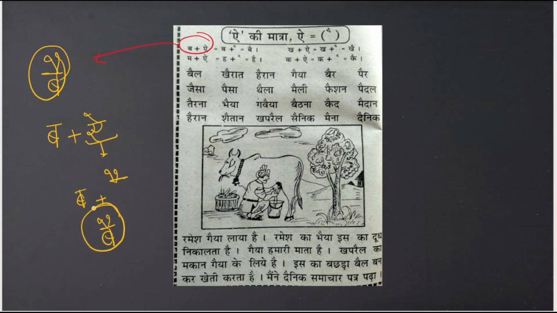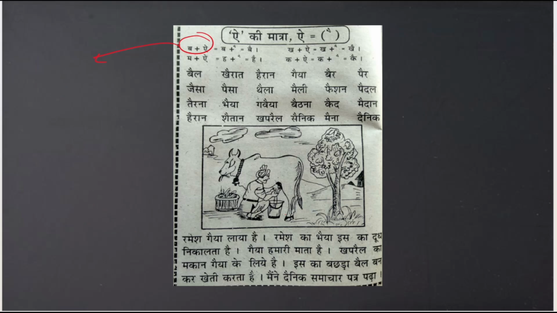And the pronunciation of this letter is ba, okay? The pronunciation of this letter is ba, but when we apply this matra, now it will be pronounced like bi, okay? Bi.